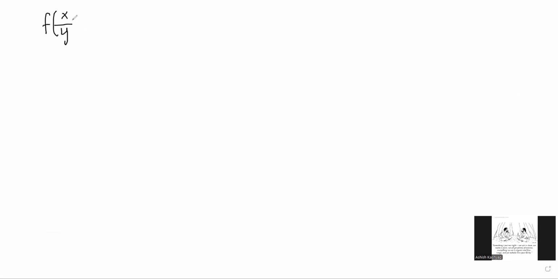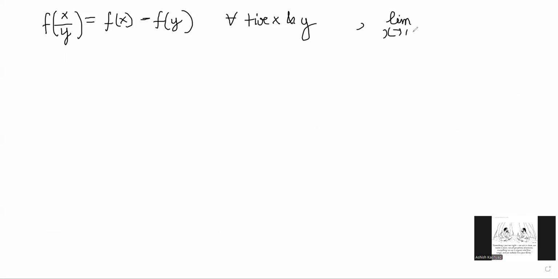f of x by y is equal to f of x minus f of y for all positive x and y. And we also know that limit of x tends to 0, f of 1 plus x by x is equal to 3.